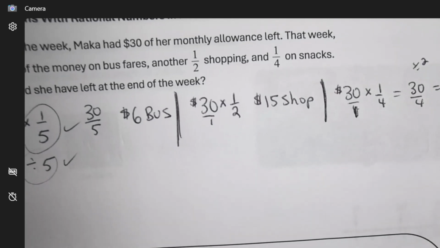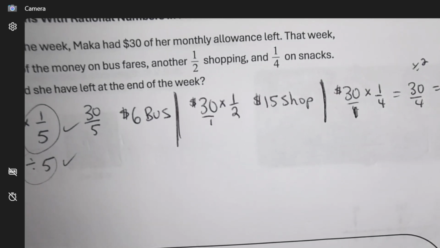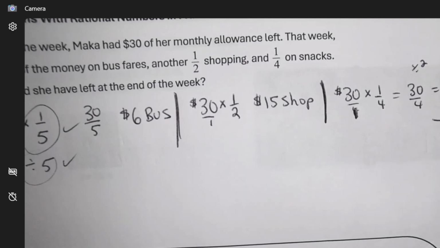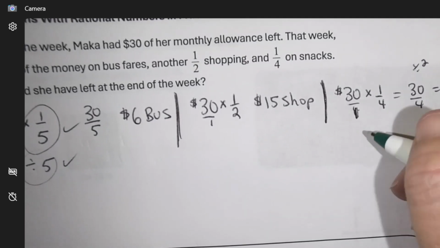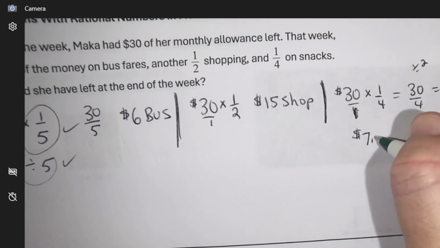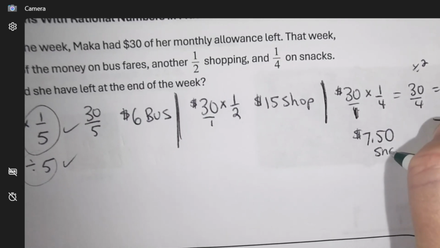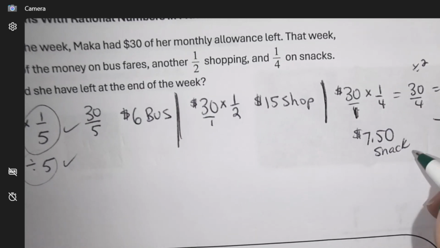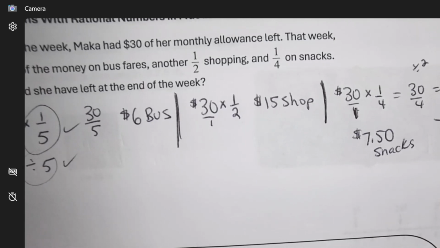How many times does 2 fit into 15? 7 and a half. So $7.50 on snacks. You think that's a lot? That's not that much. That's like two snacks, chips and a pop.